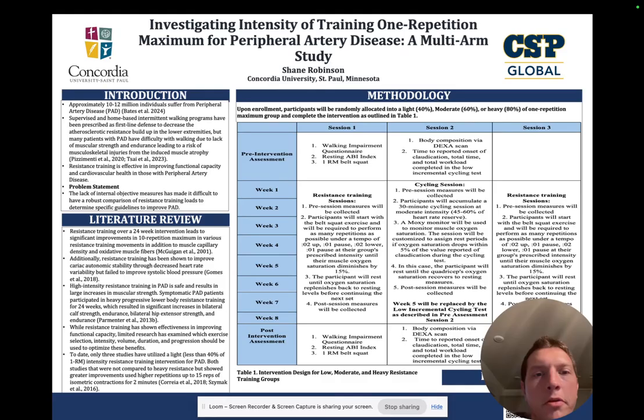And we know from our curriculum, other textbooks, and a lot of the literature that when you're doing lighter loads for muscular endurance, which is an important component for the endothelial dysfunction that PAD has, you need high repetitions to elicit that necessary response.